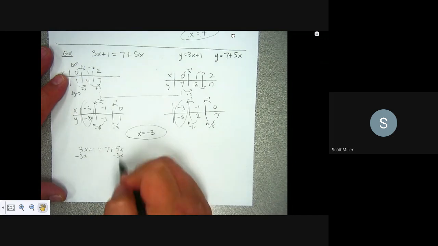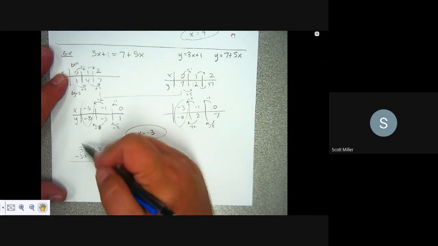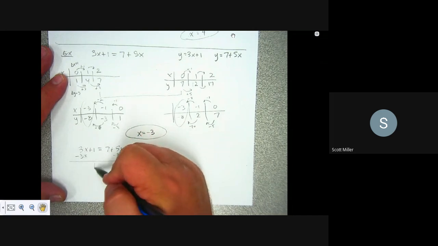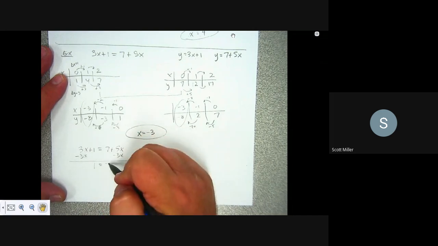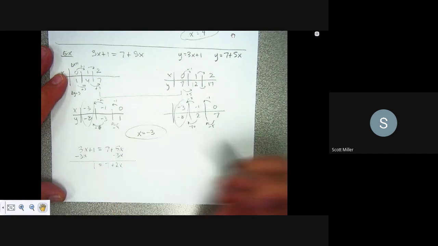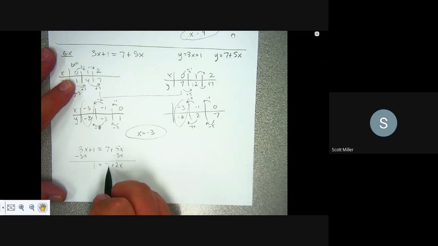And notice that I'm lining them up along the like terms. Add in column format. That will be 0 plus 1 equals 7. And then 2 plus a negative 3 is a plus 2x. And so now you can see that I have a single x term over here. We want to get x by itself, so just like we did in the previous problems, the opposite of adding 7 is to add a negative 7 to both sides.